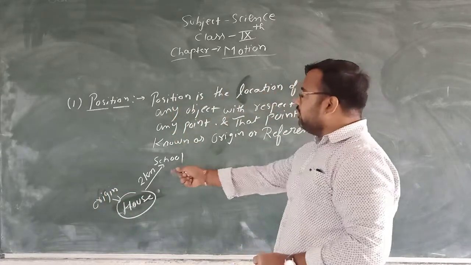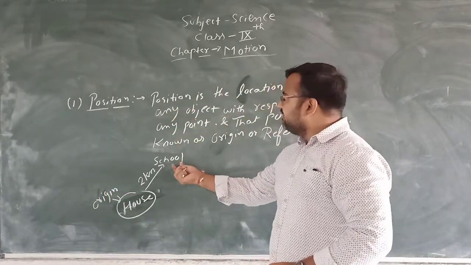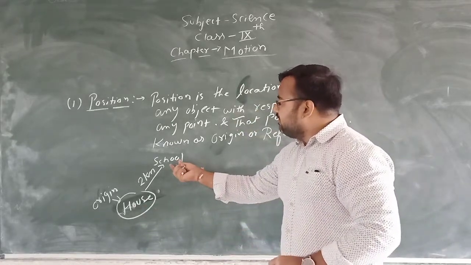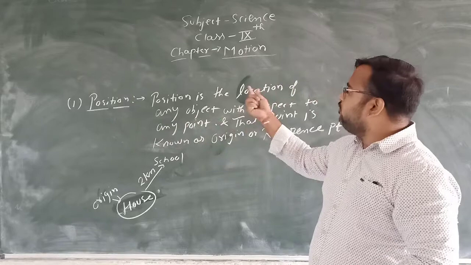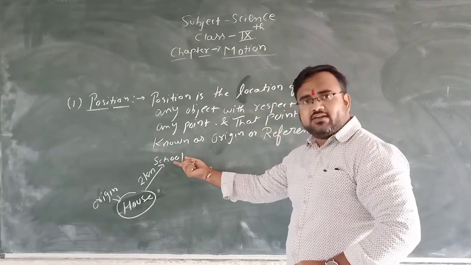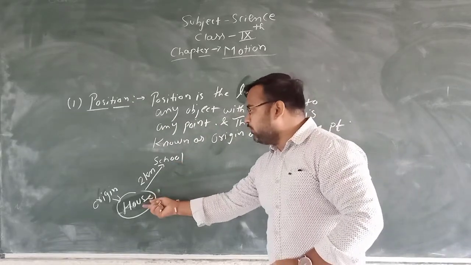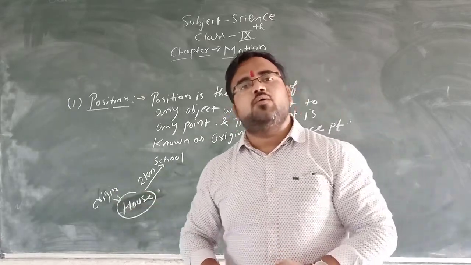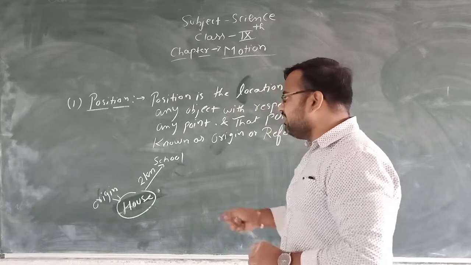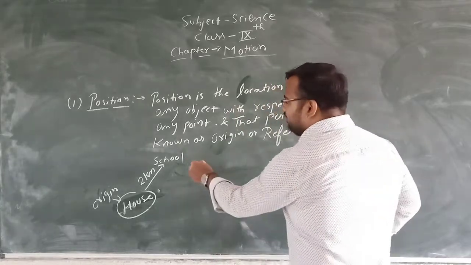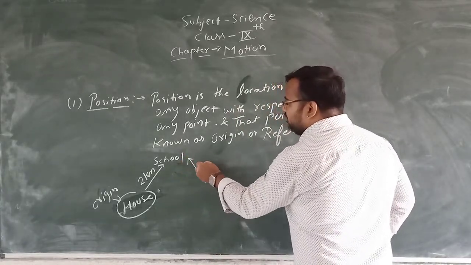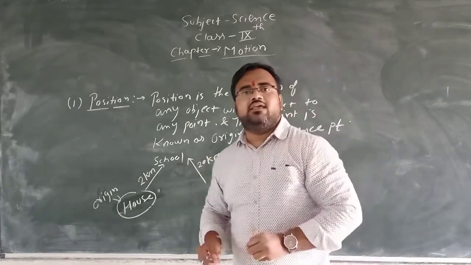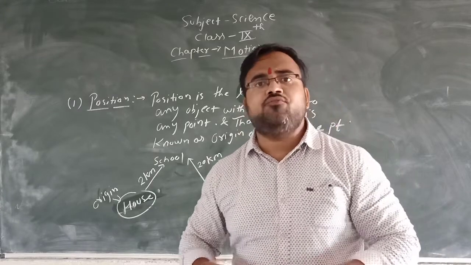So the position of any object is with respect to any point. What is position? It is the location of any object with respect to any point, and that point is known as the origin. For example, if I say my school is 20 kilometers away, from where?